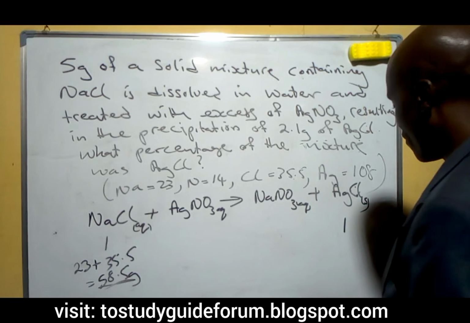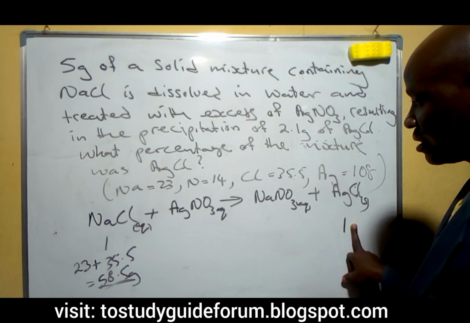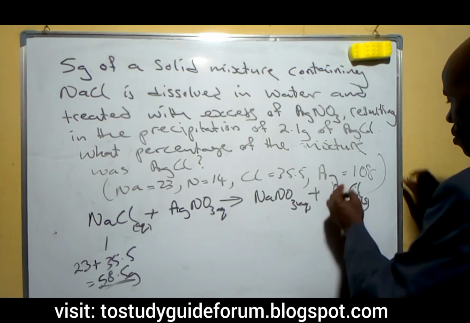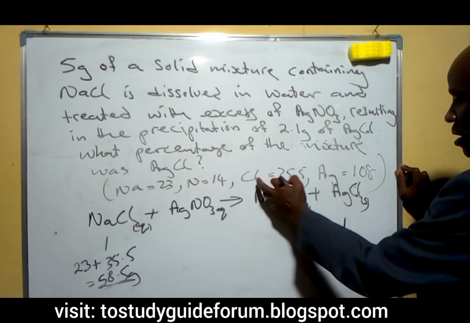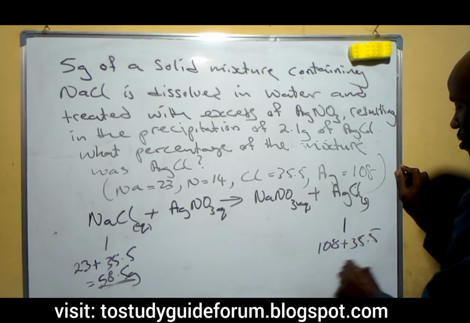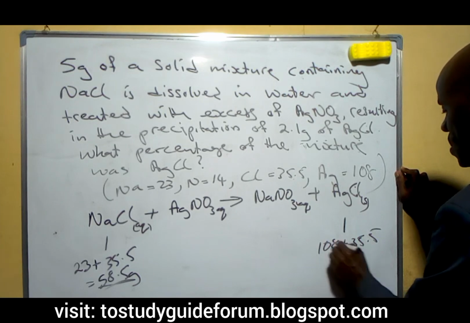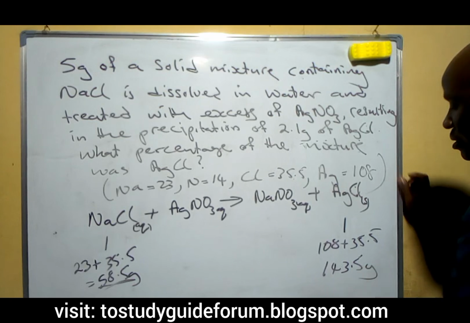And then we come over to this place, we find out the reacting mass in this chemical equation, we look at silver plus chlorine. That will give us 143.5, and this means grams.